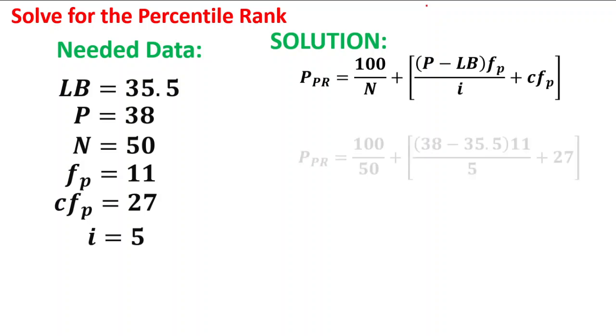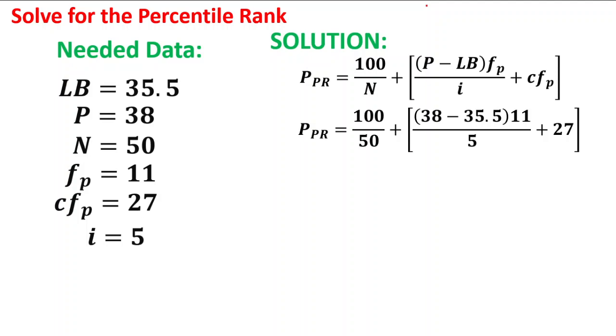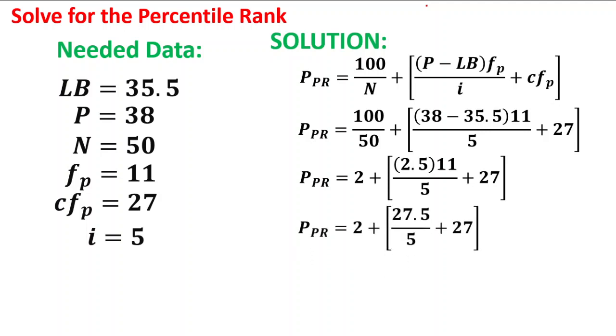So, substituting it, we have 100 divided by 50 plus the quantity of 38 minus 35.5 multiplied by 11 divided by 5, added by 27. Okay, so let's begin with parenthesis. 38 minus 35.5, that is equal to 2.5. And 2.5 times 11 is approximately equal to 27.5.